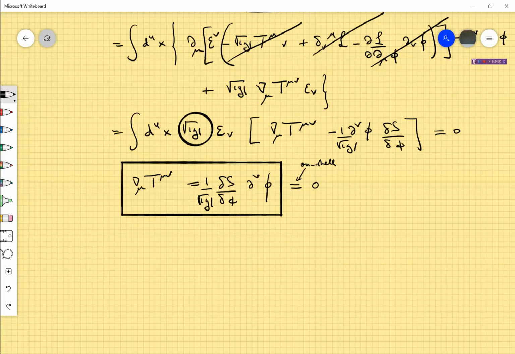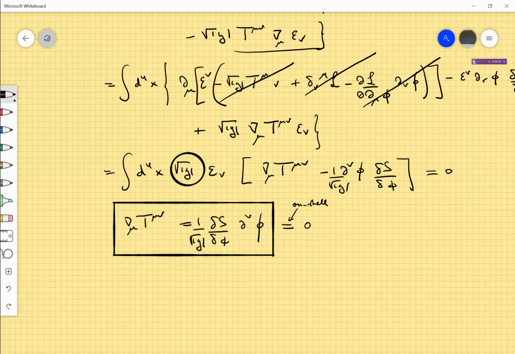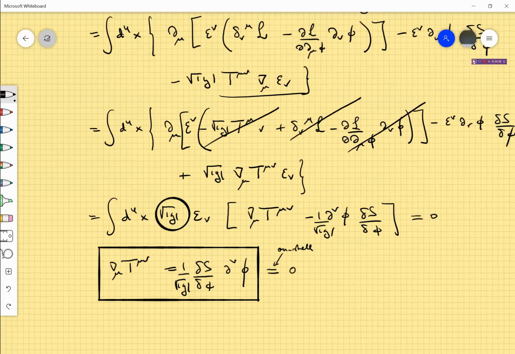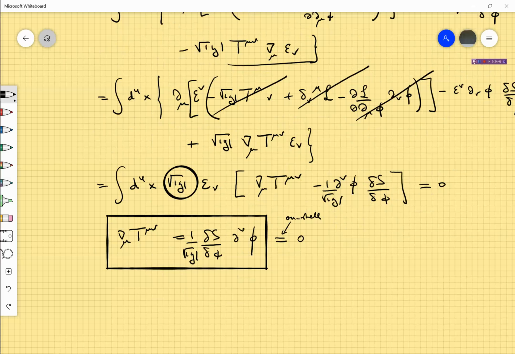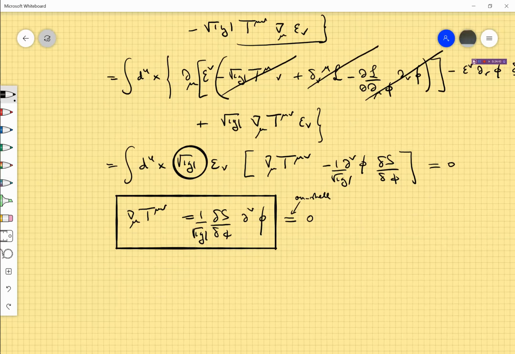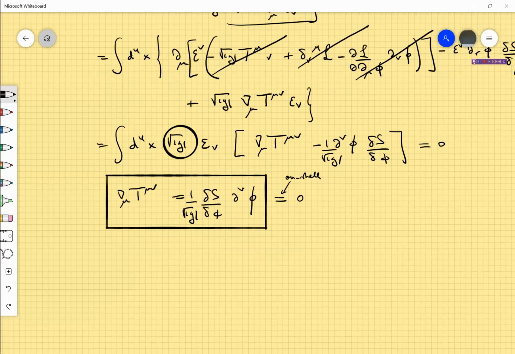So although this proof has been made only for a scalar field, you can trust me that it can be generalized to other fields, and the result is that the gravitational energy momentum tensor has the property that its covariant divergence vanishes on shell.